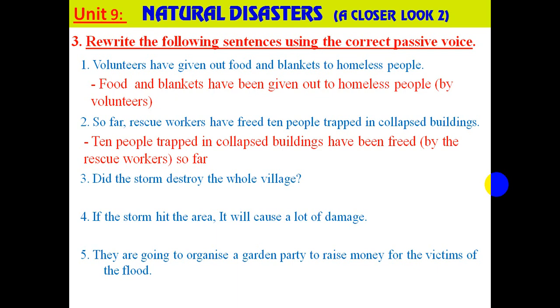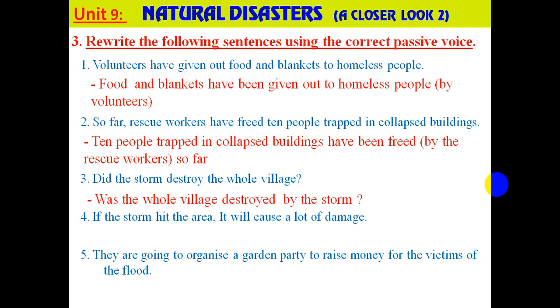Number 3 is not a simple sentence. It's a yes/no question. It's in the past simple tense. Did the storm destroy the whole village? So, the object here is the whole village. But the whole village is not at the beginning of the sentence. Because it's a yes/no question, we put to be before the subject.